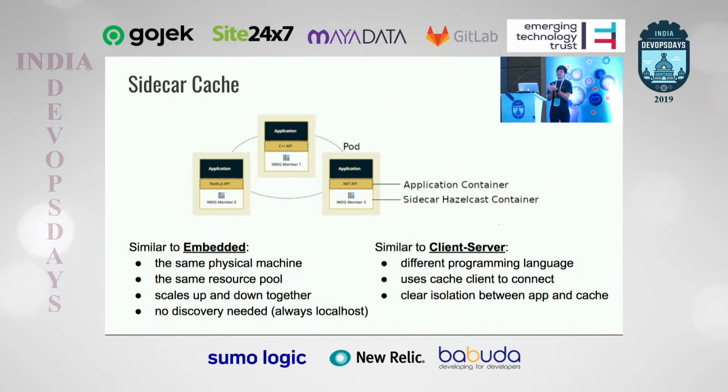However, looking from another angle, the sidecar cache is more similar to client-server, because the application can be written in any programming language, because it uses a cache client library to connect to the cache. And there is some kind of isolation between cache data and application.